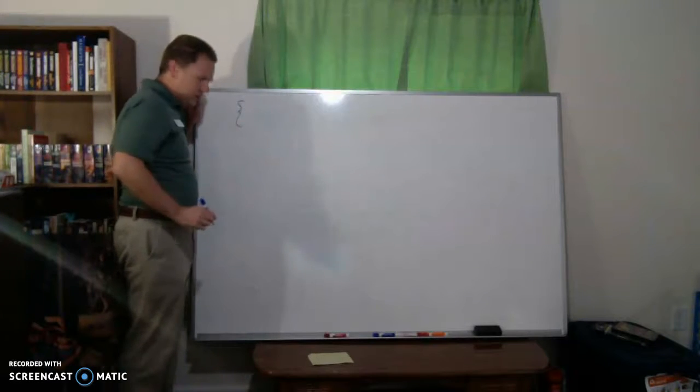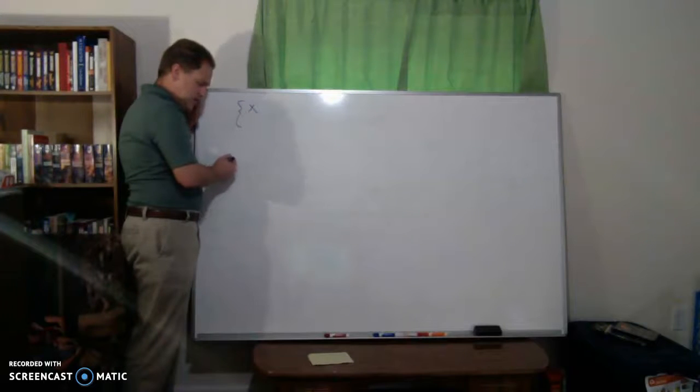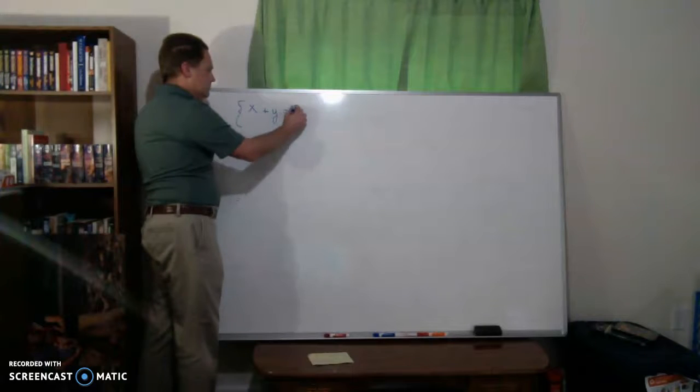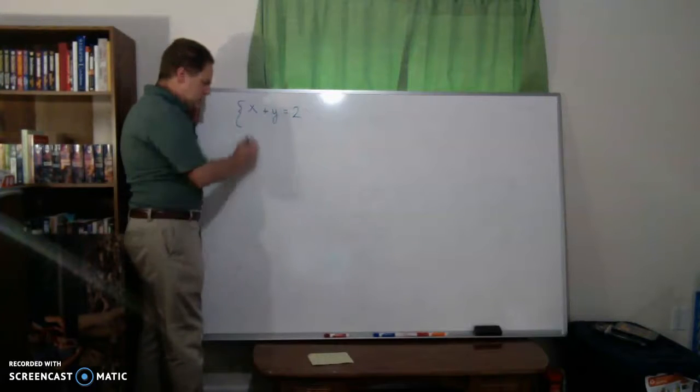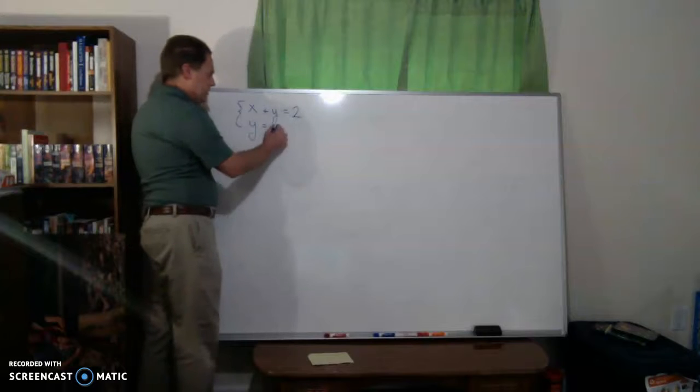For example, we could have the system x plus y equals 2 and y equals x squared minus 4.